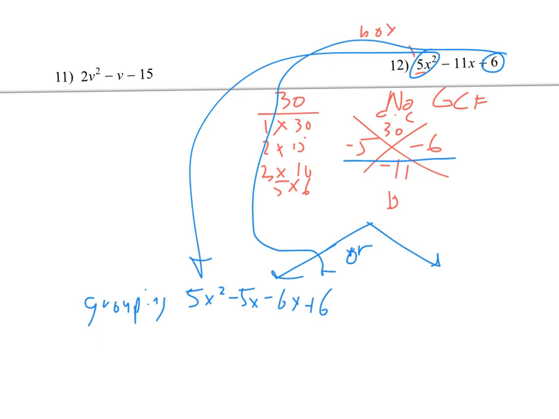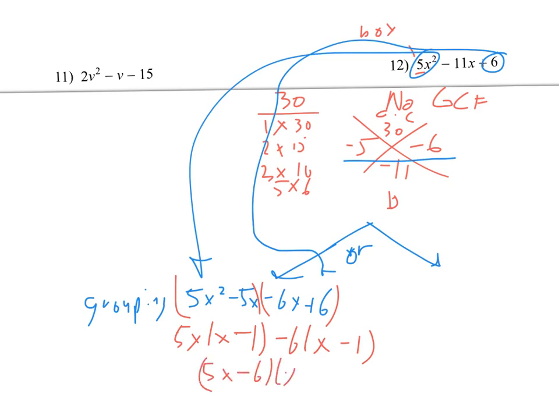On this, you can see that everything here is right here. These two combine to make the negative 11x. So if I did the grouping, I would group these two together and these two. I would take out 5x, giving me x minus 1, and then take out negative 6, leaving me x minus 1. So I would get 5x minus 6 times x minus 1.